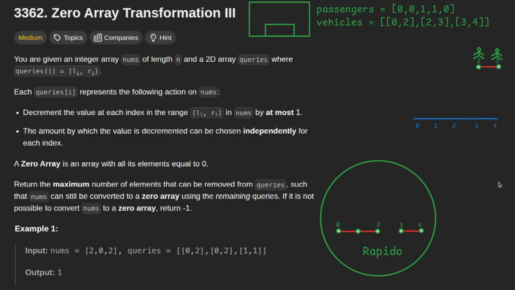Let us take one more example, for better understanding.